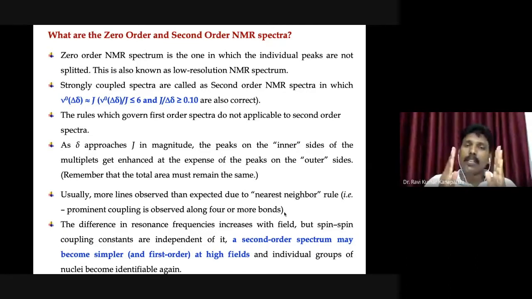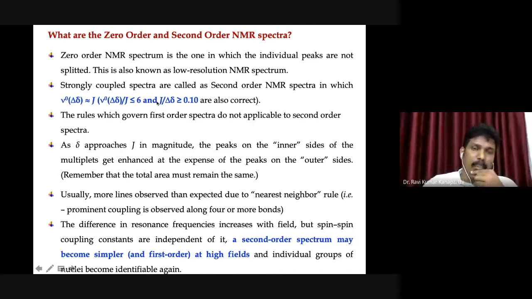If the difference in chemical shift of two different nuclei is on par with the coupling constant, then we say it is a second order spectrum. Quantitatively, previously we said that if this ratio is greater than 6, it is first order, and if it is less than 6, it is second order.